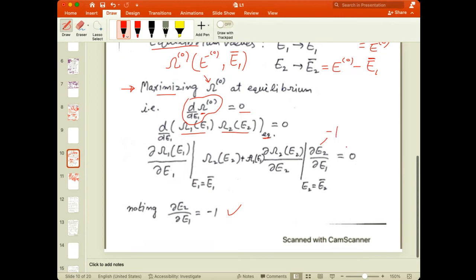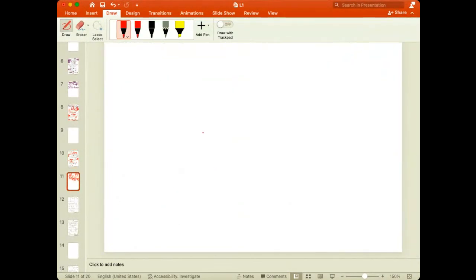So we can take this whole term to the other side, and this minus will make it plus. Then we take omega 2 with this differential and omega 1 with this differential, so the term will look something like this.